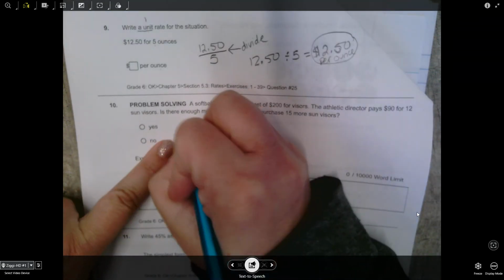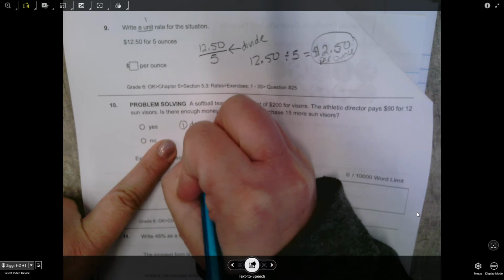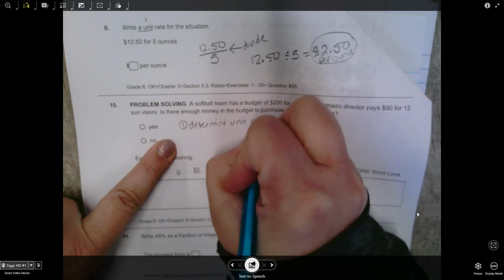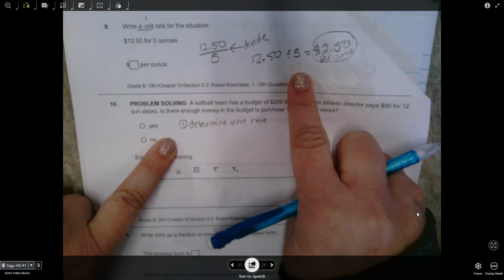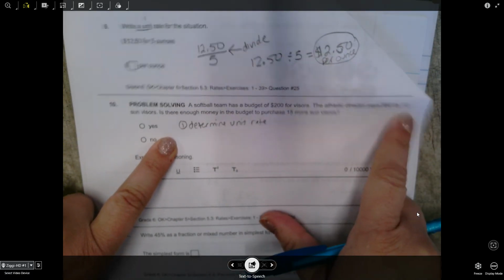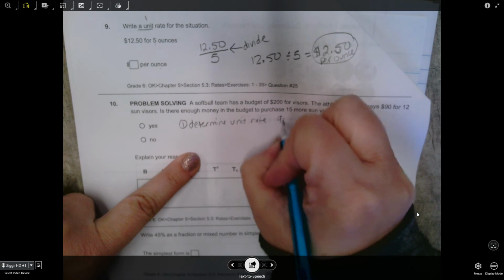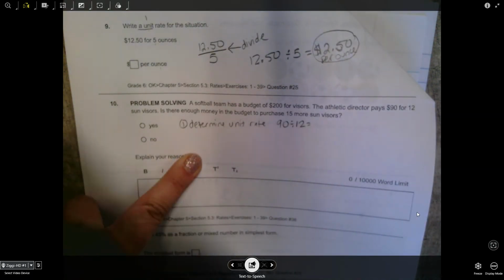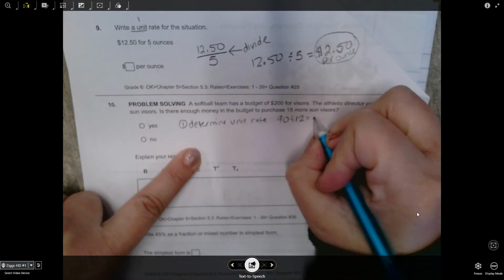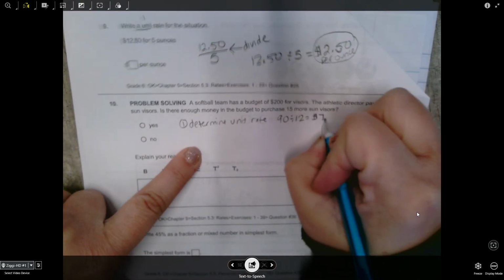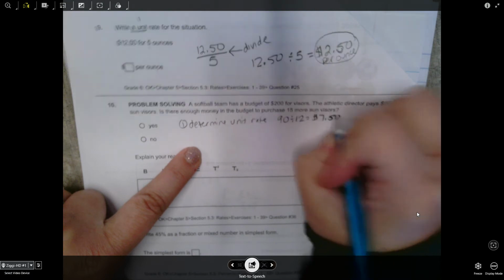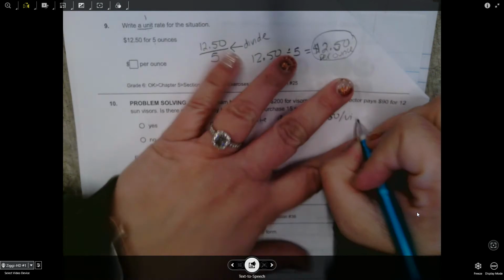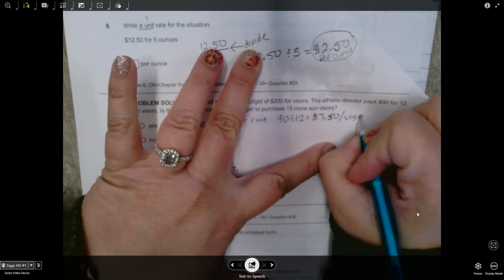Okay, so step 1 is going to be to determine the unit rate, which is what we did up here. So 90 for 12, 90 divided by 12. So it's $7.50 per visor.